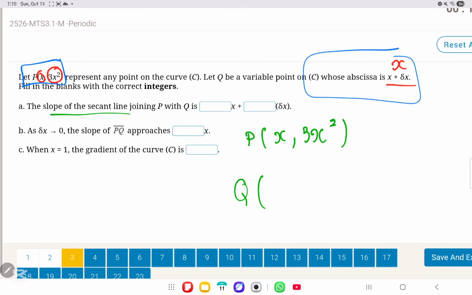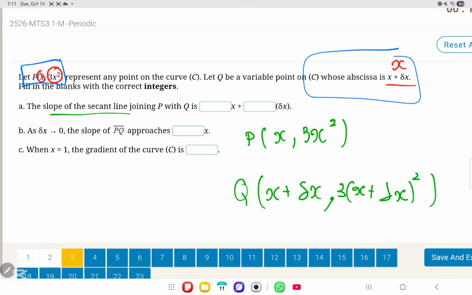At Q, we have our x to be x plus delta x, okay? And our y is now going to be, look what we did, for the y, we did 3x squared. So that means for the y of Q, we're going to do 3 times whatever our abscissa is, and we are going to square it. Perfect. Now we have the 2 points.